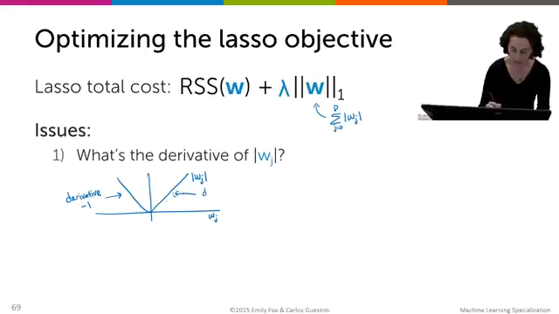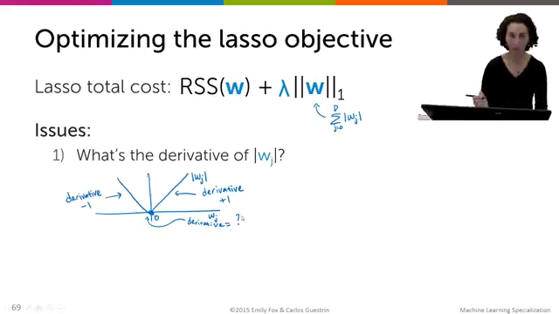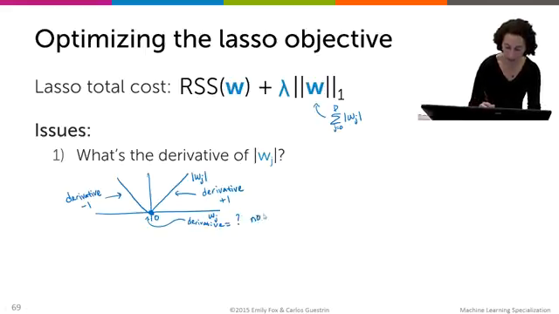And the derivative anywhere on this half plane is +1 because the slope is +1. And then I get to this critical 0 point. And what's the derivative there? There's actually no derivative that exists at that point.